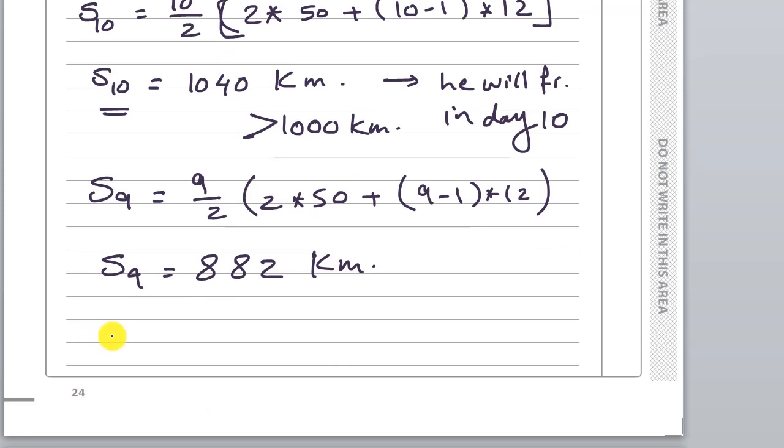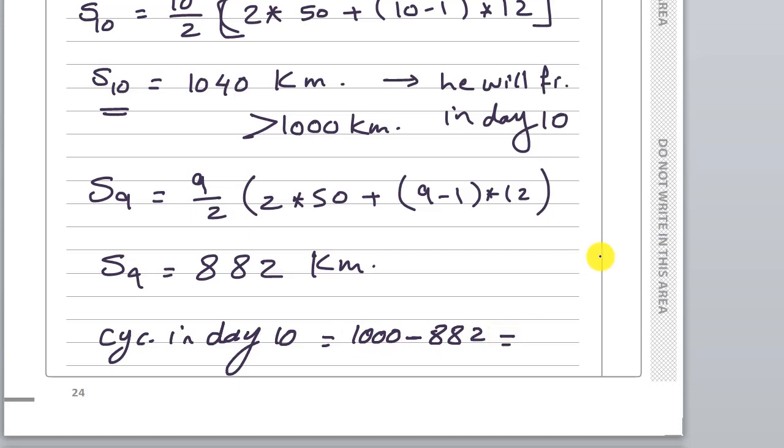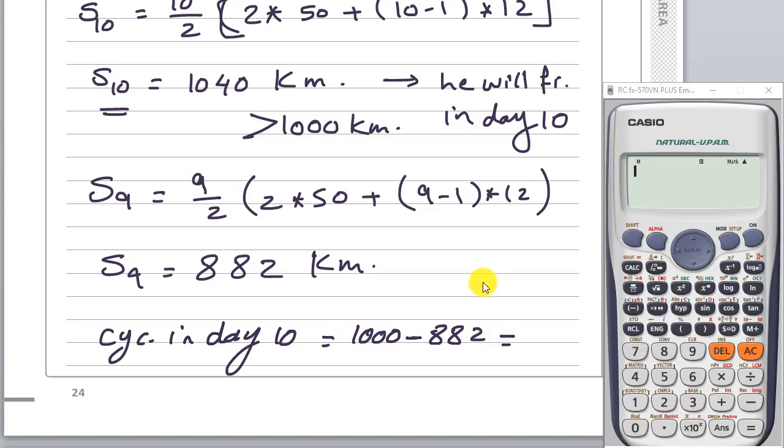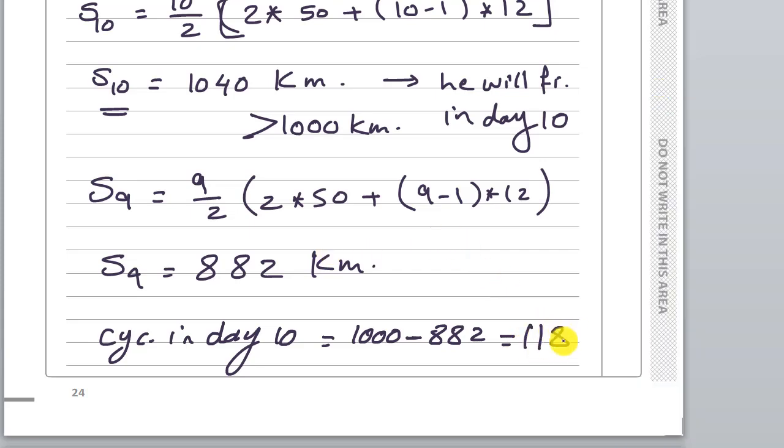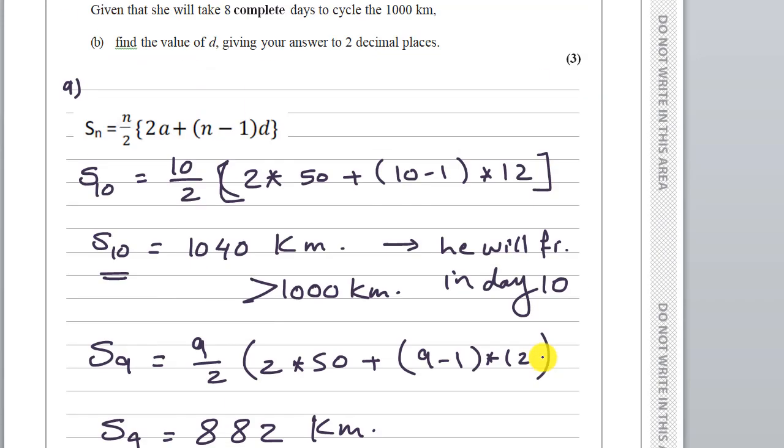So the distance cycled on day 10 would equal 1000 minus 882, so 118. And this is the answer that he asked about.